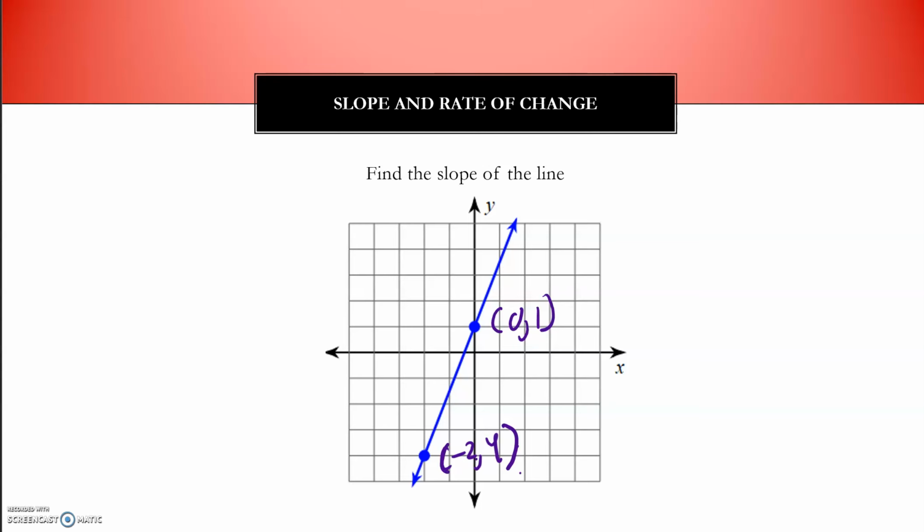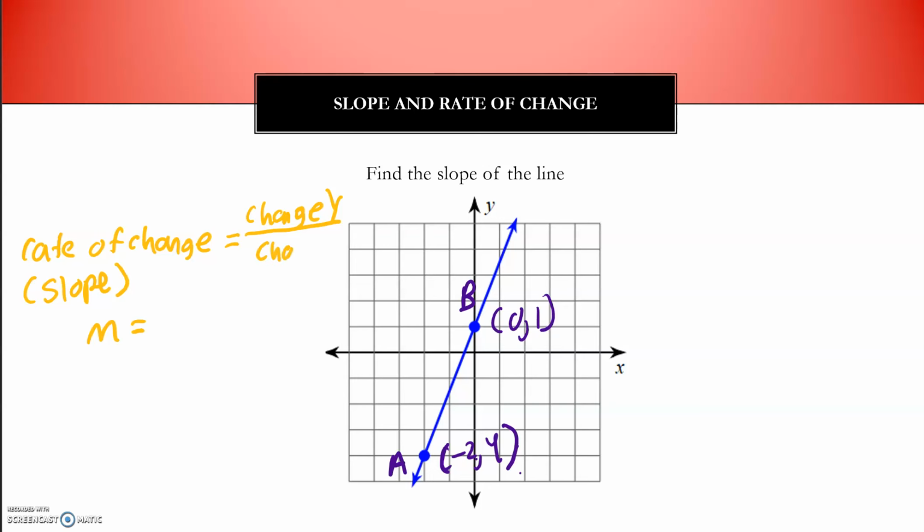So I have to think how to get from point A to point B. And again, it's most effective if you think about this in terms of left to right. Okay, so we have our rate of change, which is our slope, and we use the variable m for slope, and that will equal our change in y over our change in x.